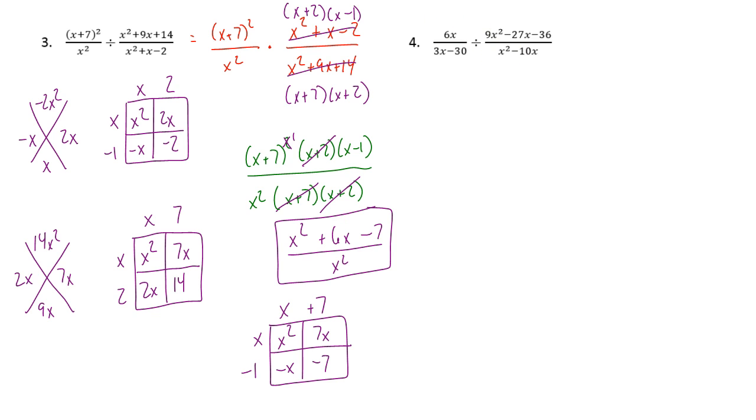So the next one, we would have 6x over 3x minus 30 multiplied by the reciprocal of this other fraction. Okay, so now you should have recognized that the numerator for the second fraction and the denominator for the first one all have a greatest common factor.